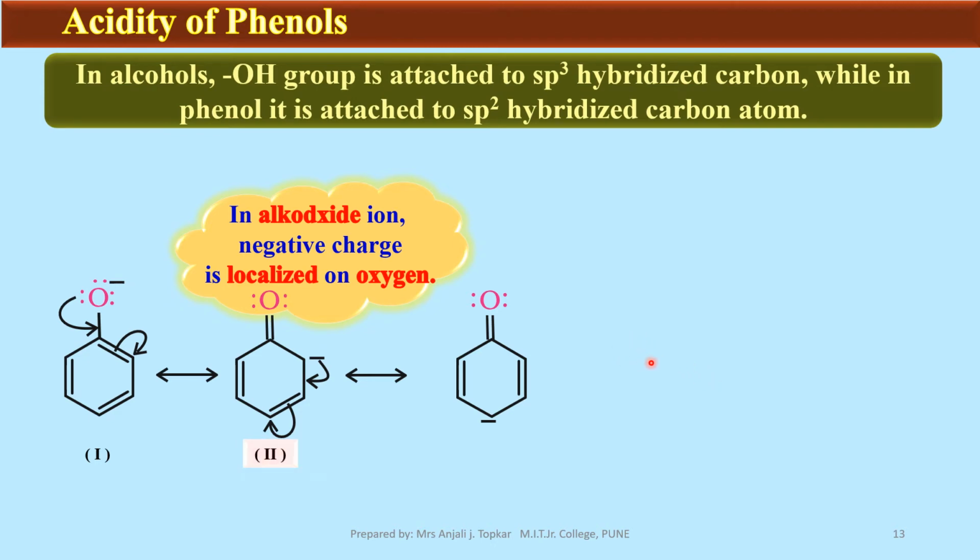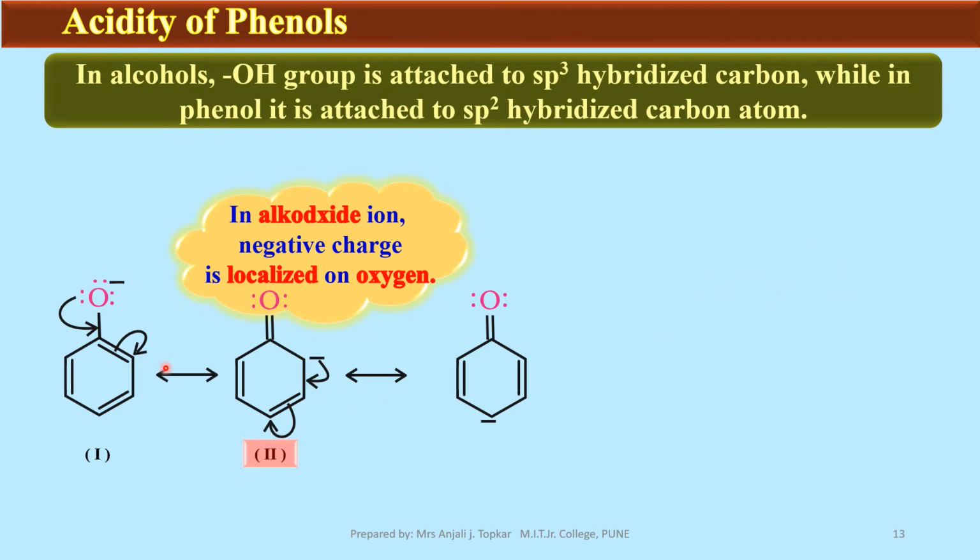The electrons on this carbon atom now move here, and as soon as the electron density is increased over here, this double bond breaks and the electron moves back to the oxygen atom, giving the negative charge to this oxygen atom. Thus, 5 resonating structures are obtained. In the phenoxide ion, the negative charge is delocalized over the ortho and para positions of the aromatic ring.